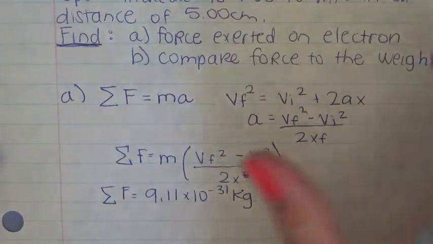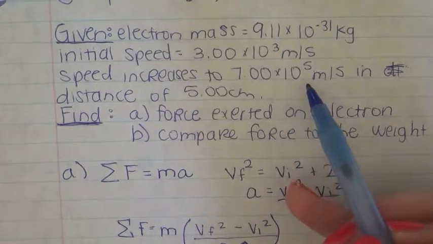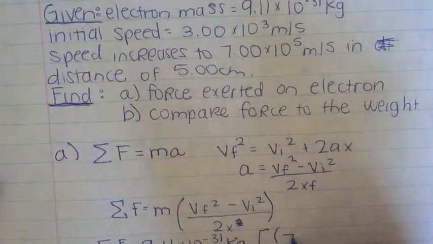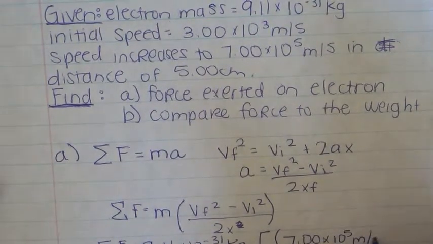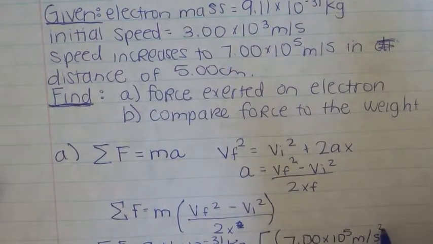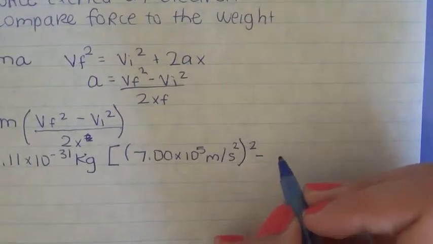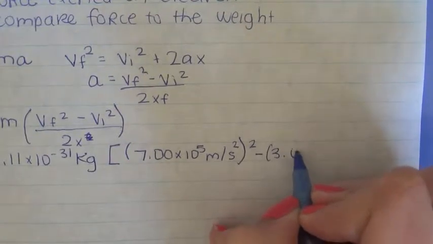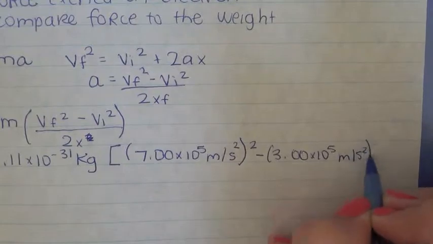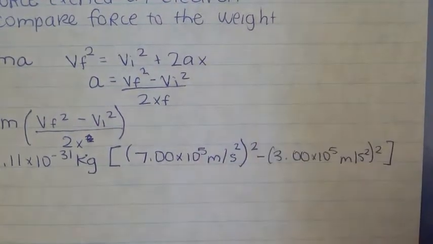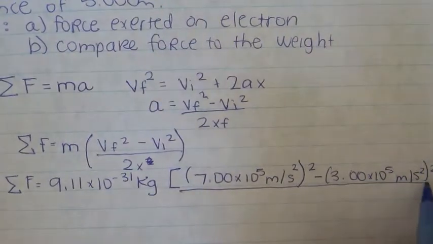So our v final is also taken from our givens, which is our 7.00 times 10 to the fifth meters per second, squared. And then we're going to square that 3.00 times 10 to the third meters per second, squared. And that whole thing is over our 2x.